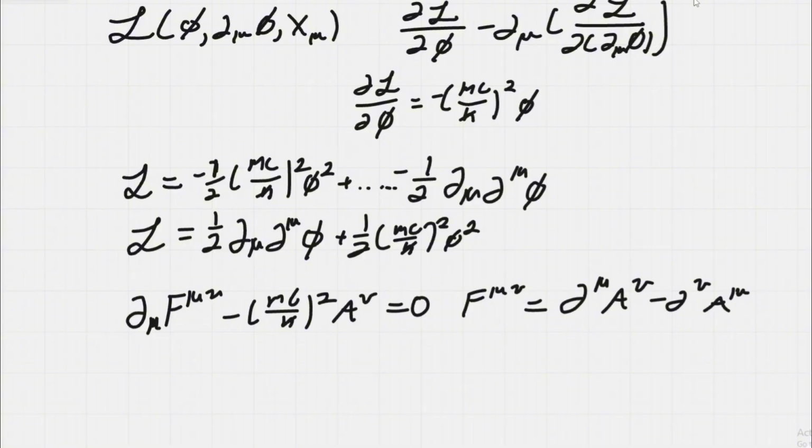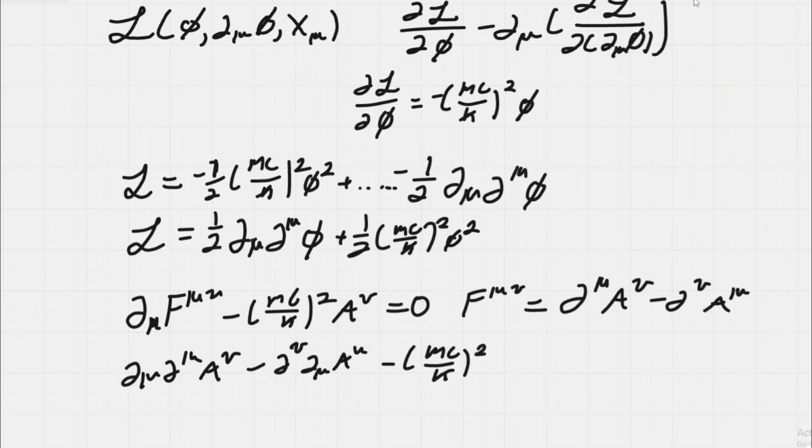If we plug that in here, we get d mu d mu a nu minus, and I'm actually going to move it closer to the vector here, and you'll see why, d mu d nu a mu minus mc over h bar squared a nu equals 0.